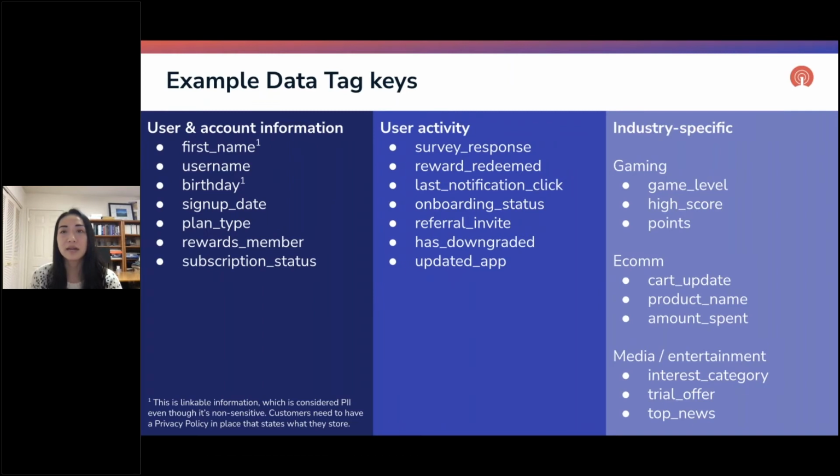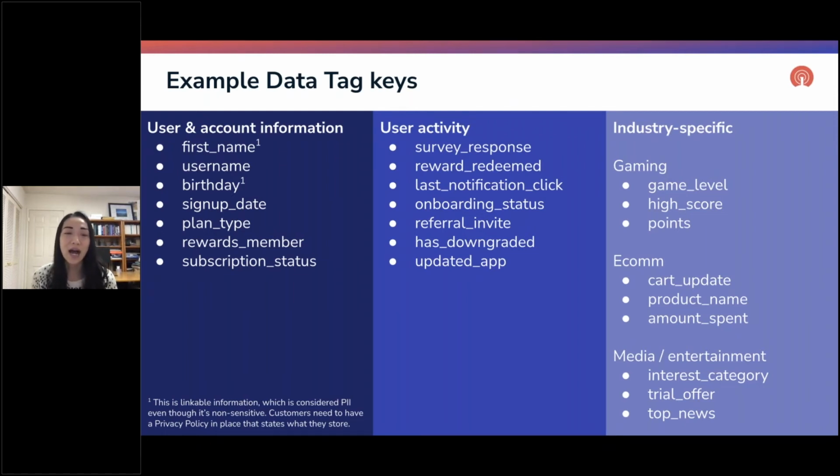Here I've just mapped out a couple of example data tag keys. It can be based on your user account information, or it can be based on your user activity. I do want to note, you see this all the time in messaging: first name, birthday. It's so common, for example, a store sending you a promo on your birthday for 20% off, or come in for a free gift.